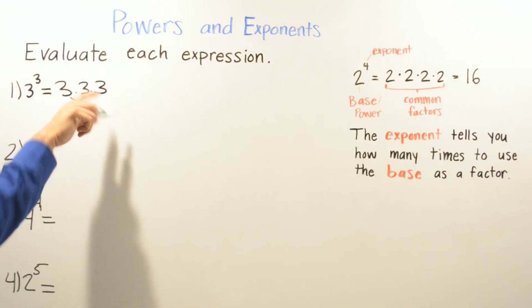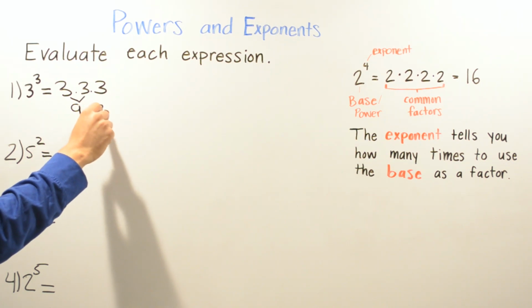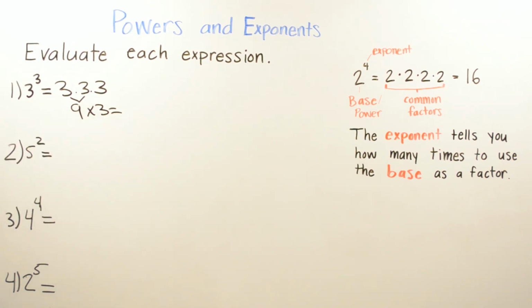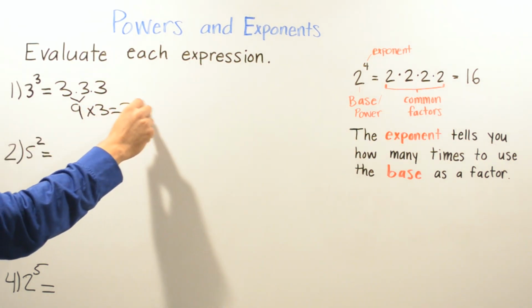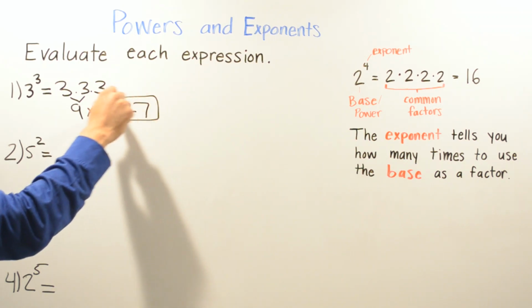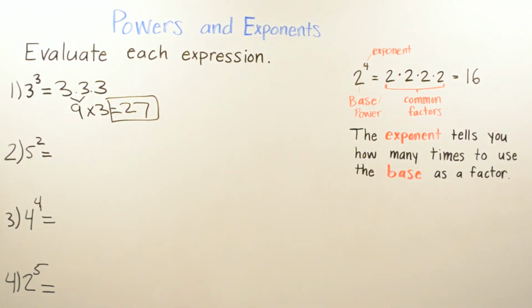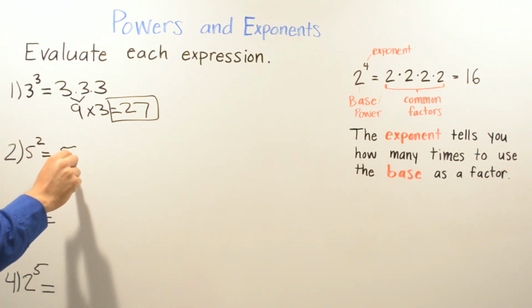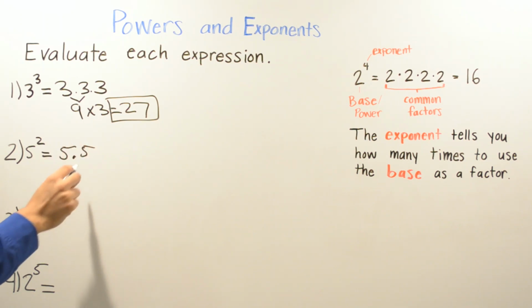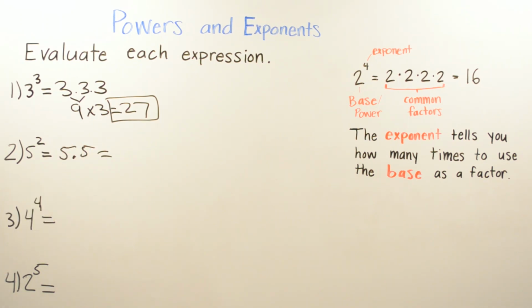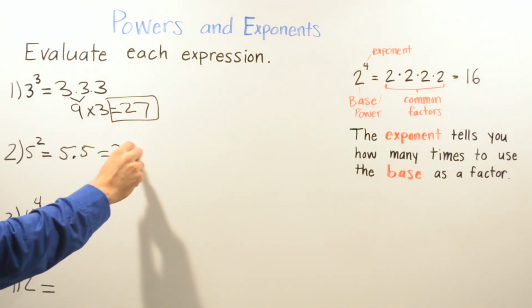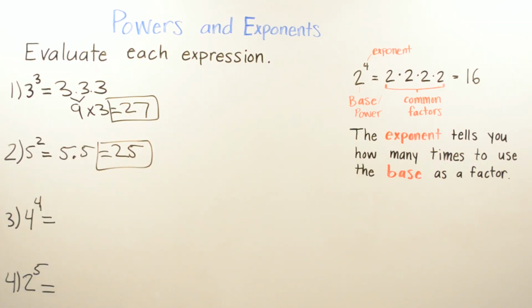And you still have one more, and then you multiply it by 3. So 9 times 3 is going to be 27. So your answer for number 1 will be 27. And then for number 2, you have 5 to the 2nd power, which will be the same thing. 5 times 5, and 5 times 5 is 25.